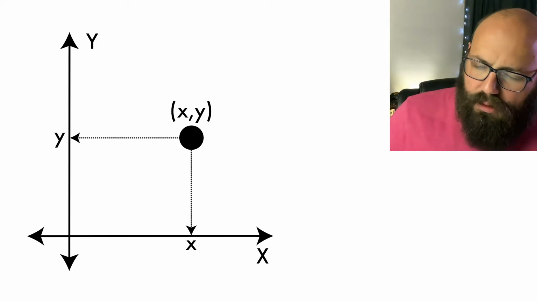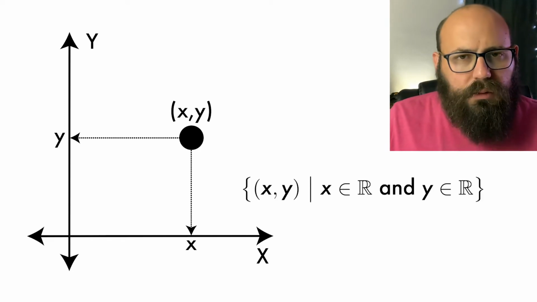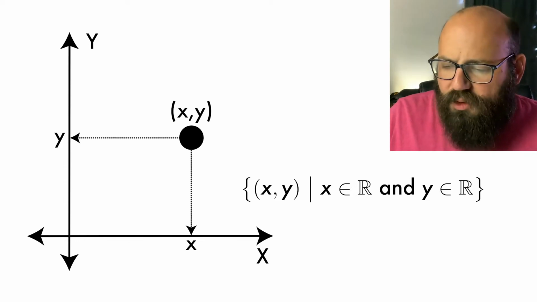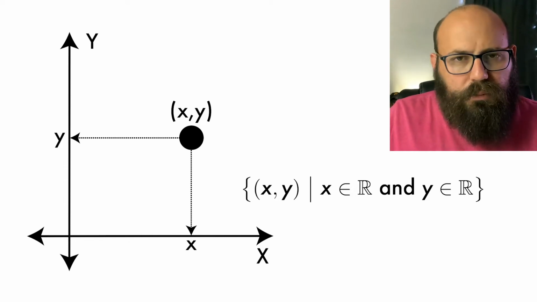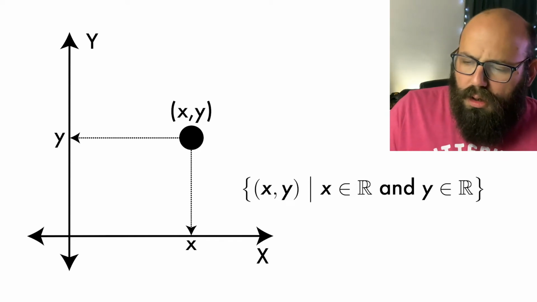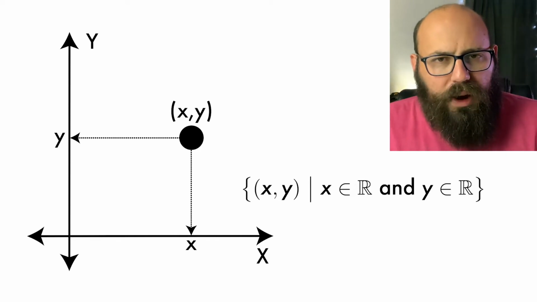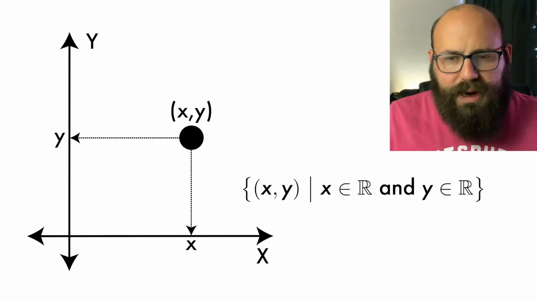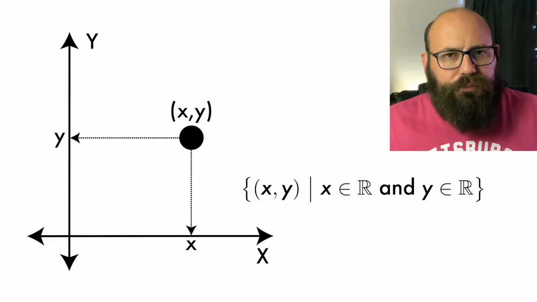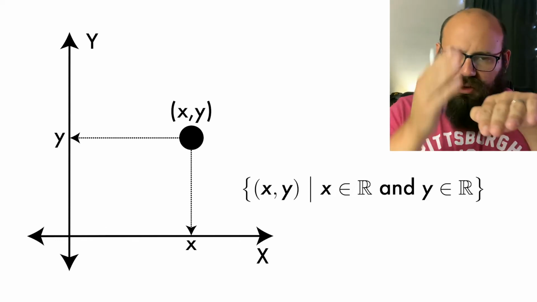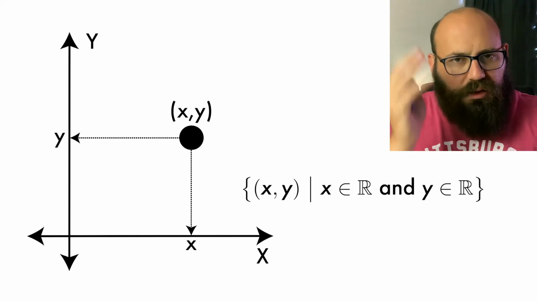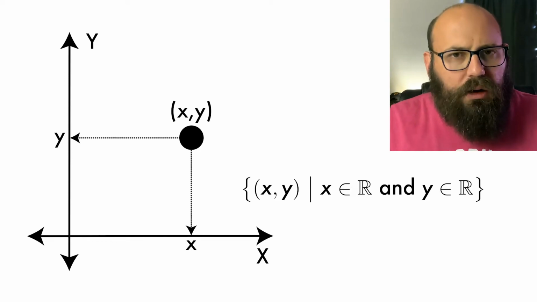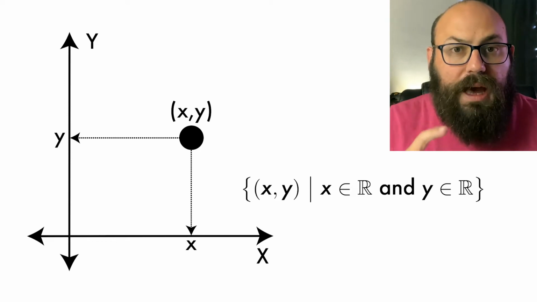So I can take, for example, one real line and another real line, and I represent these real lines with this fancy blackboard R. And if I think about the set of all pairs of numbers where each is a real number, then I can turn this line into a plane. Essentially, I take one dimension and I add a second dimension, the same way that latitude and longitude work. And I say, well, the order matters. An ordered pair is a set of numbers where the order matters, unlike a set.